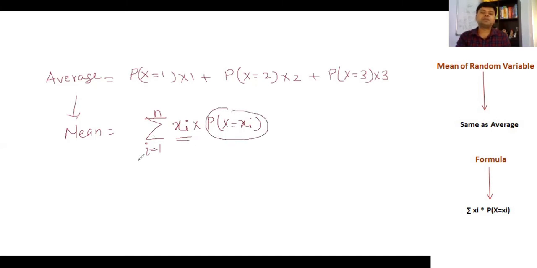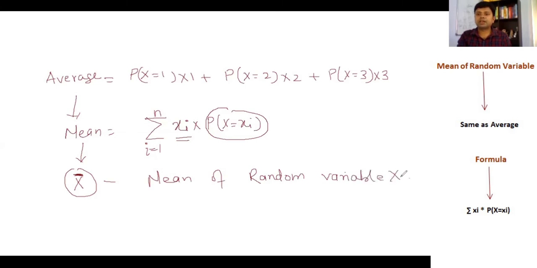This is mean. Now mean is denoted with x bar. So it is the mean of random variable x.